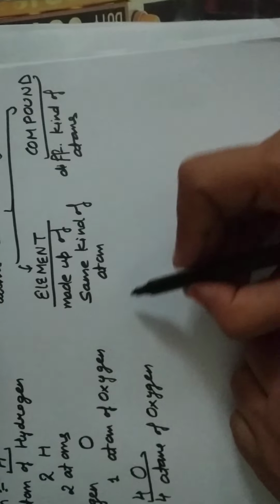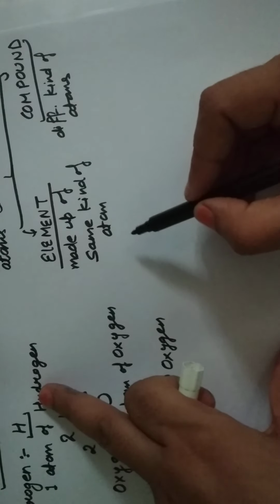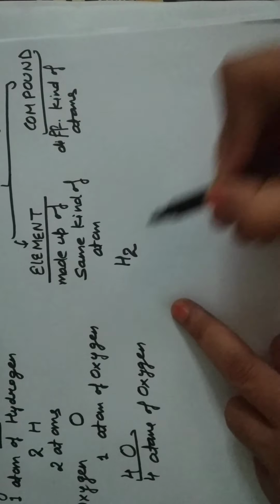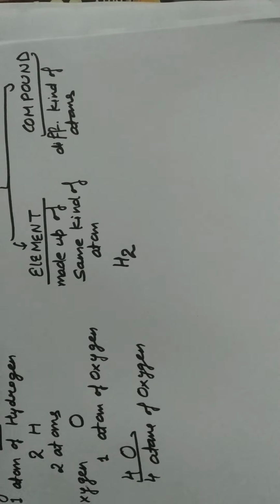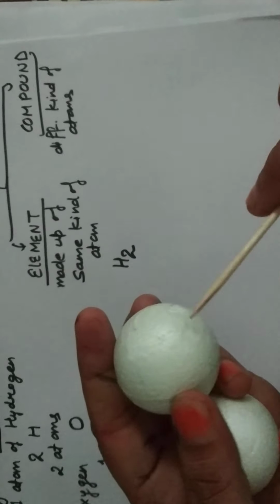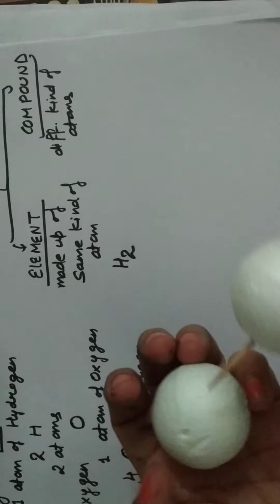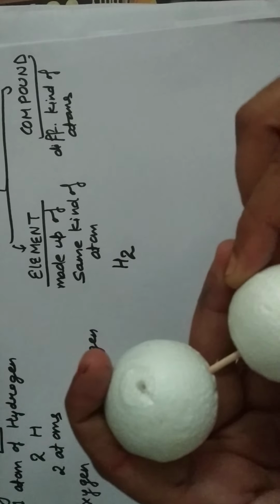Now let us take an example. If I write H, this is one atom of hydrogen. But if I write H2, what does H2 mean? H2 means that two hydrogen atoms are bonded with each other. This attraction can be shown through this line.